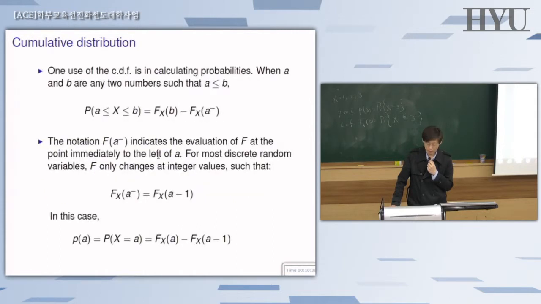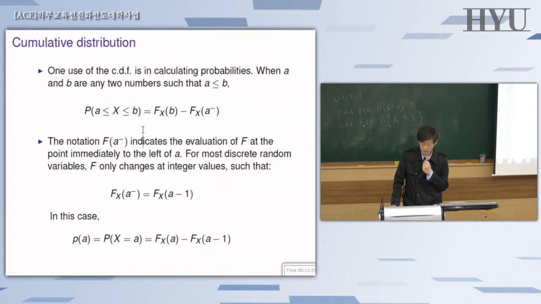A few important properties about this CDF function. First one, why do we bother to define this one? Because it can be used to figure out certain probability. So say that there's a variable x, and you might want to compute the probability such that this x, discrete random variable, is either bigger or equal to some number little a, but has to be bounded, upper limit of little b, which is bigger number.